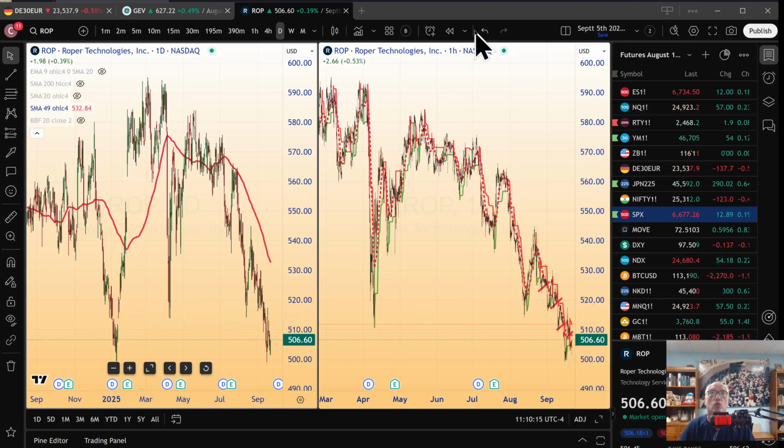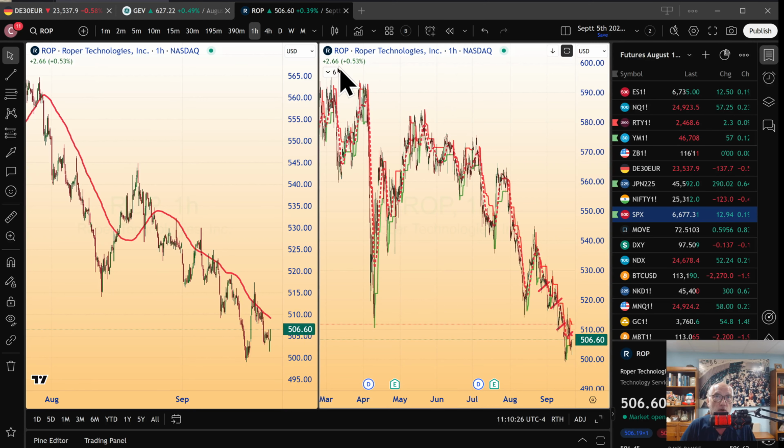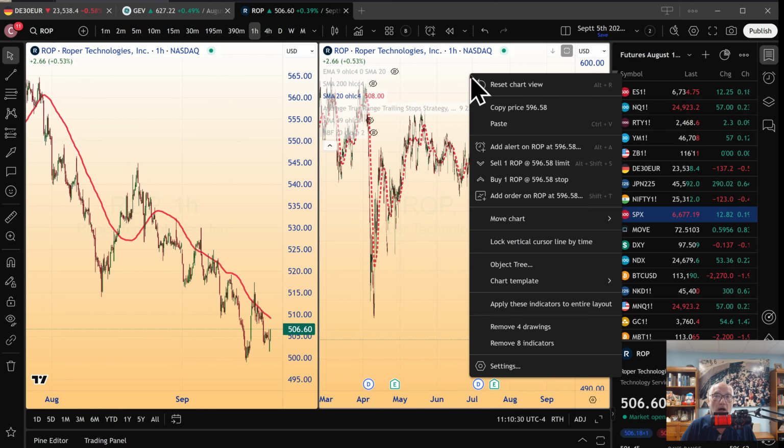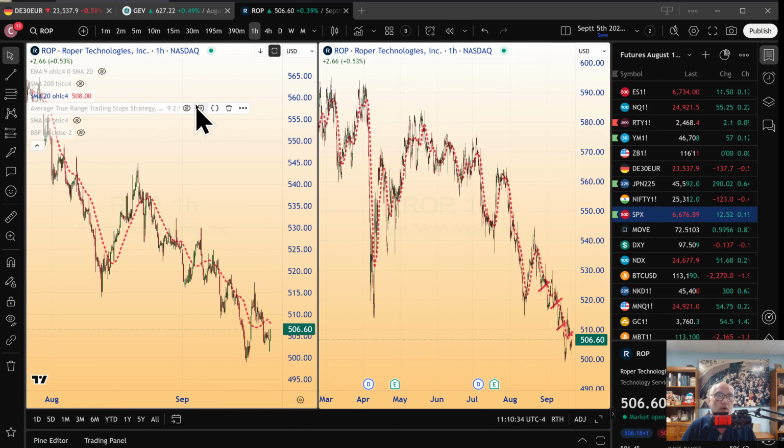Now, if you want to ultra short-term trade, then take on the left an hourly chart. Take it under the ATR trailing stop. That's what I do. I take it under the ATR trailing stop. So I'll apply it to every layout. And what you'll see over here on the left is now we've taken an hourly. There's a lot of noise, as I've showed you.